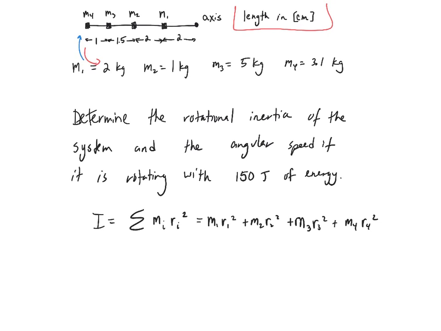Alright, so let's see what we've got here. We've got the I value equal to the first mass, which is m1, is 2. Its distance is 2 centimeters away, so can I use a 2 there? I can, as long as I recognize that my units are going to be kilograms centimeters squared in the end. So if you don't want to change your units right now, and you're not doing anything with this I value, you can leave it.